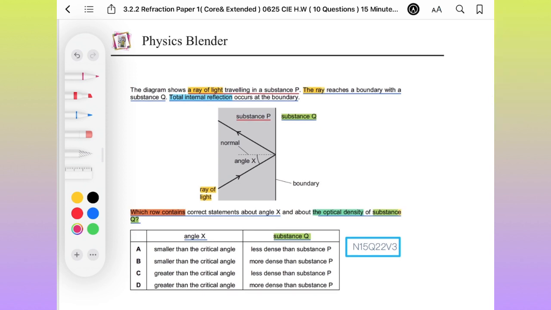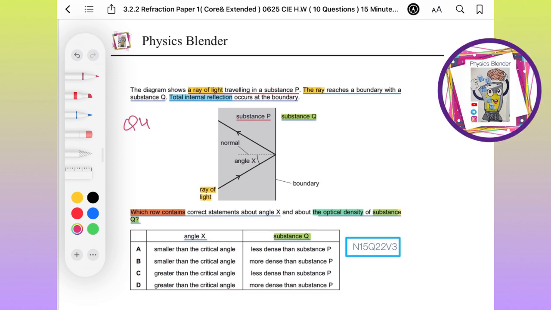Question 4. The diagram shows a light ray traveling from substance P, a medium we have no idea about, and it reaches a boundary with substance Q, and total internal reflection takes place. What about angle X and what about substance Q?